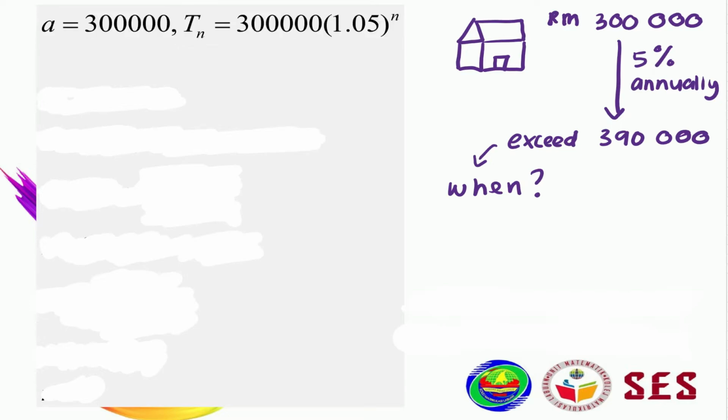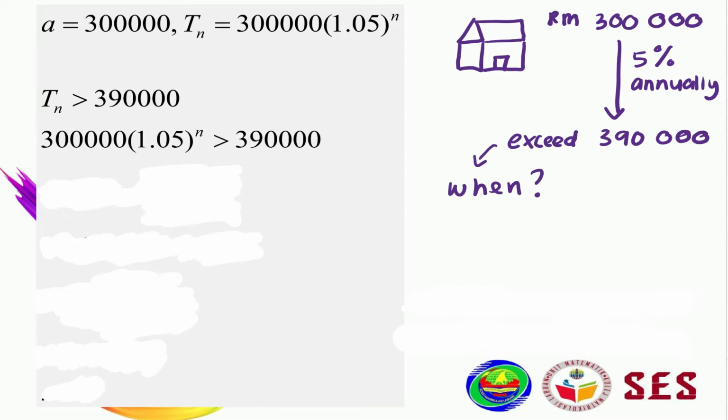So we know that our first term is 300,000, and Tn is equal to 300,000 multiplied by 1.05 to the power of n. So we want to know when Tn is greater than 390,000. So we substitute our Tn and then we need to find the value of n.